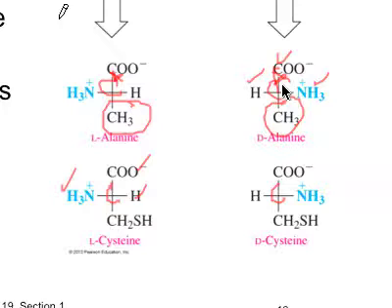The little star is meant to show that's the chiral carbon. In one form it rotates in one direction, and in the other it rotates in the other direction. Those stand for Latin words in terms of the direction. I don't remember which is which. But they always come in pairs, and they're called enantiomers.